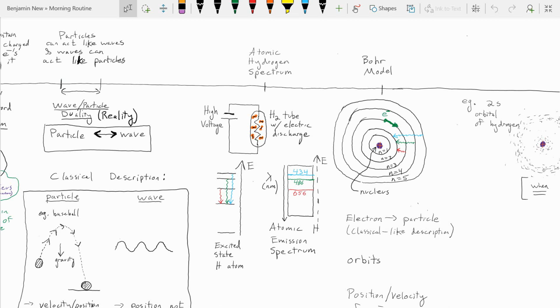next big discovery was the experimental determination of what's called the atomic hydrogen spectrum. And so what they did was they hooked up a high voltage source to basically a chamber filled with molecular hydrogen, so H2 gas inside of there.